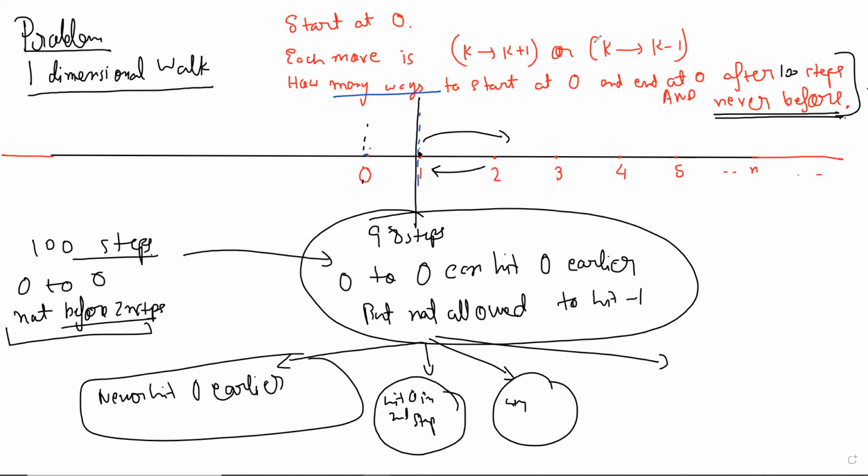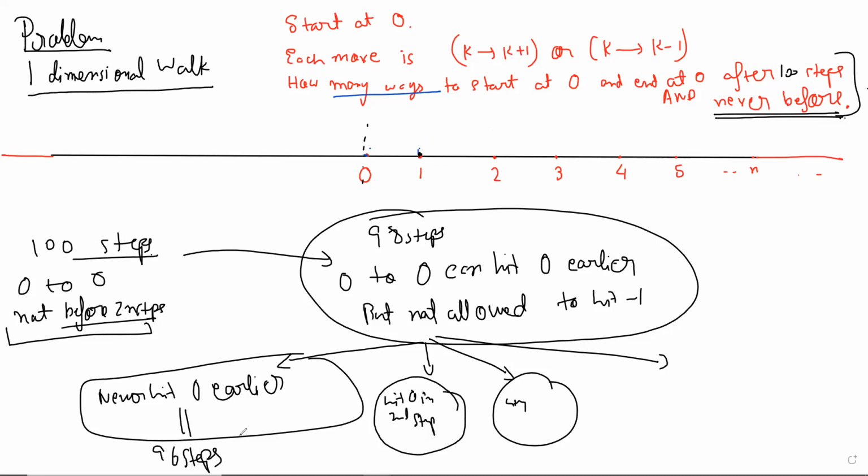So you have 98 steps. Let's think about this. First we had 100 steps. We reduced it to 98 steps, and you can hit 0, but you're not allowed to go to the left. In this, the first case is you never hit 0 earlier. Now my claim is that this reduces to a problem of 96 steps.